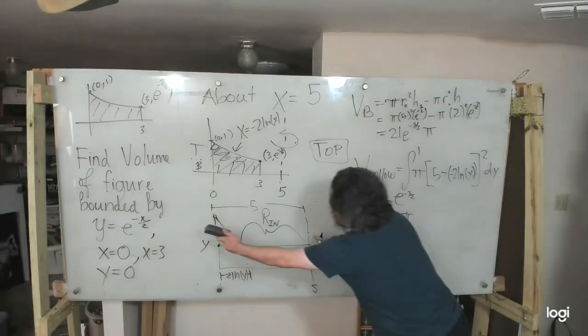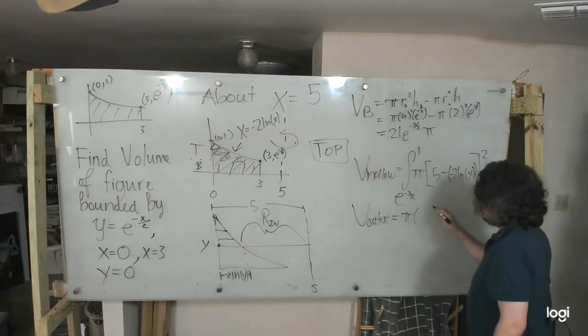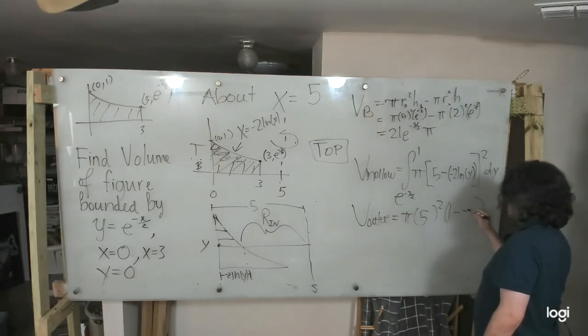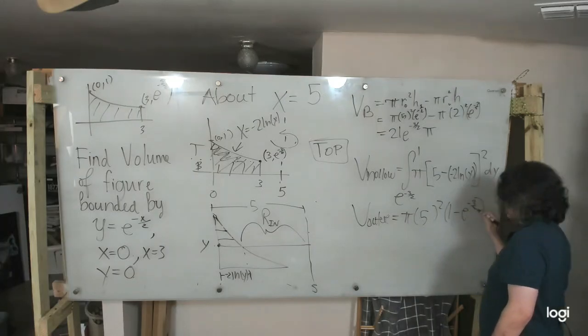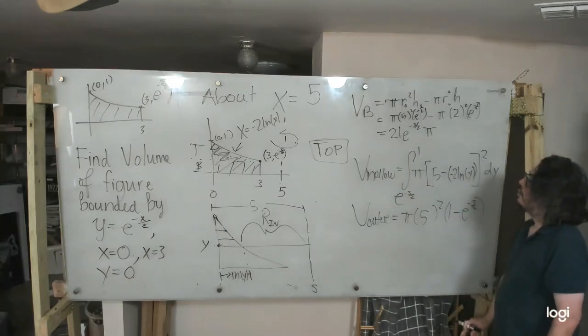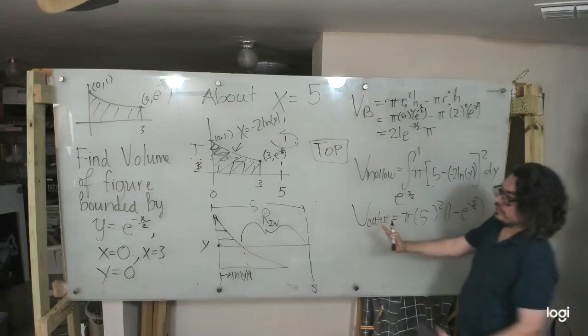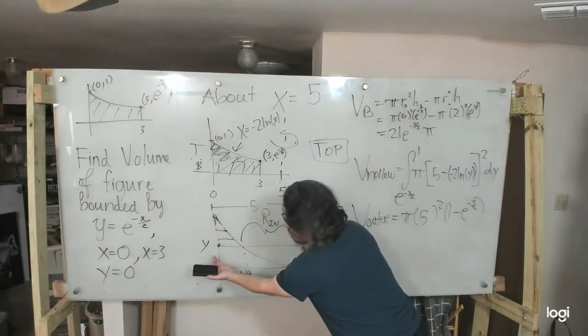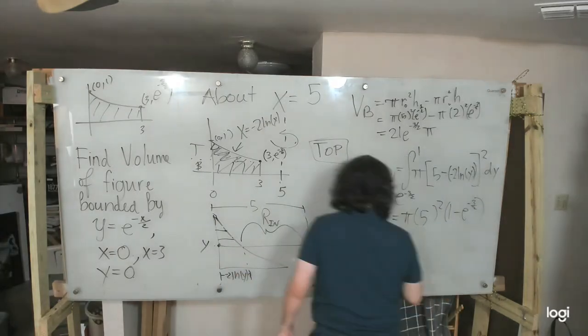The r is 5. The h is 1 minus e to the negative 3 over 2. So that's 25. We can distribute this, right? And so it'll be the outer minus the volume of the hollow, and then plus the volume of the bottom, the volume of the whole figure.